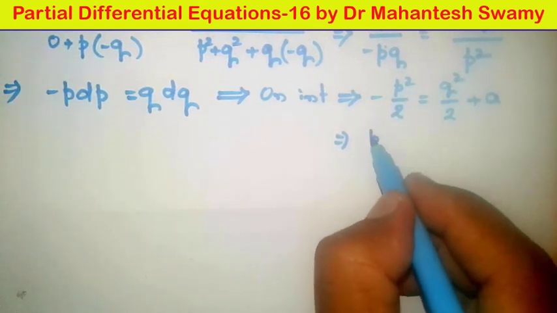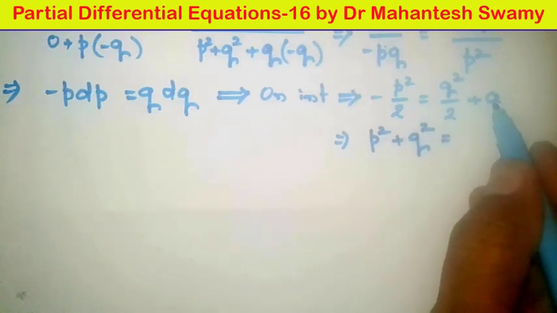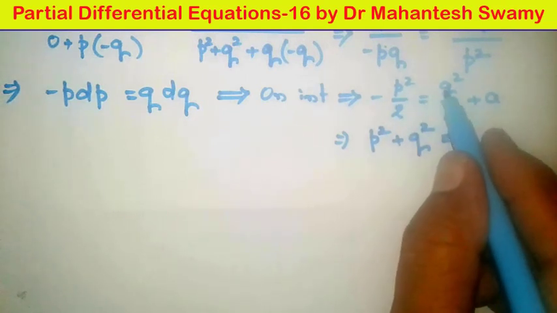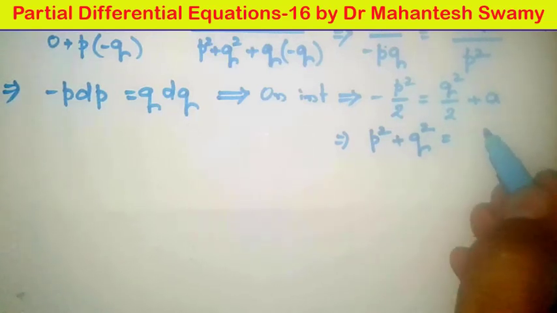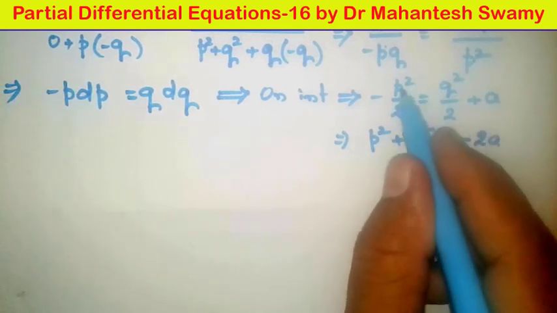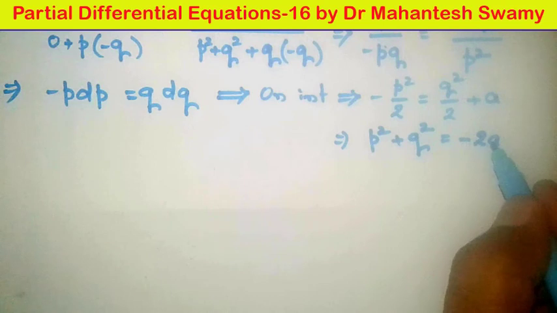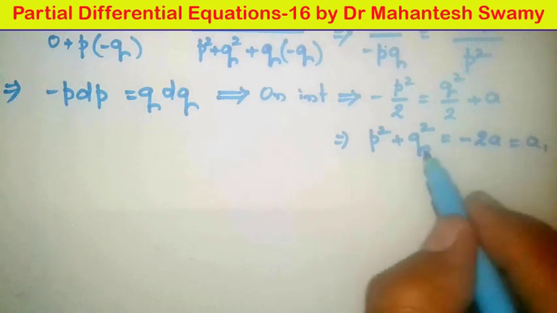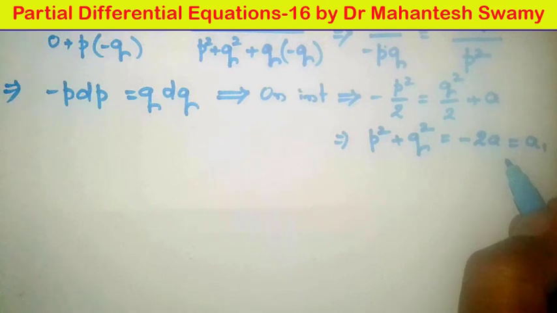Actually it is when we multiply by 2, it is minus p square equal to q square plus 2a, and when we transfer this 2a to the other side, it becomes minus 2a, and here it is p square plus q square will be remaining on the left hand side. Now this is the value. If we want to call 2a as another constant, let us take it as a1, where a1 is minus 2a. So it is p square plus q square equal to a1. So let us call it as equation number 2.